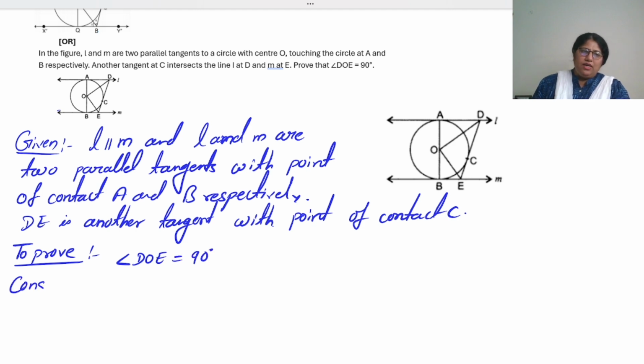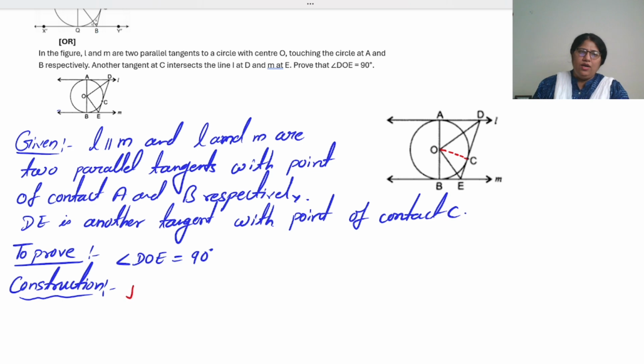Then what construction? To prove that the straight angle sums up to 180 degrees and from there we are going to derive this, I have to first join O to C. That means this whole thing I am dividing into triangles and I will use congruency to prove this question.